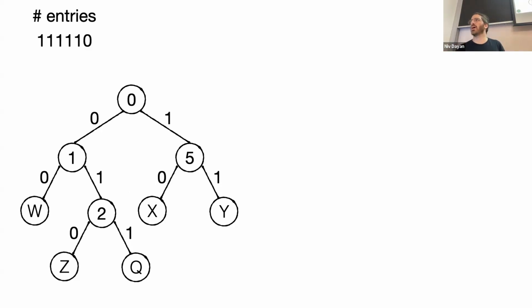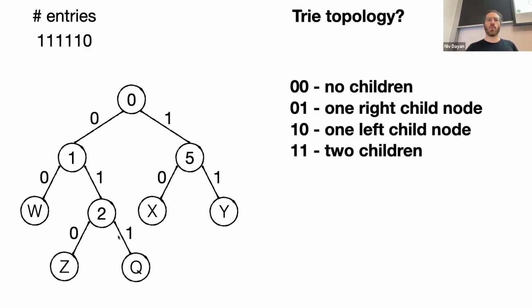Order kind of like the position encodes where it is. Something like that, exactly. So let's see exactly what it looks like. What we're going to do is use 2 bits to represent every internal node in the trie.